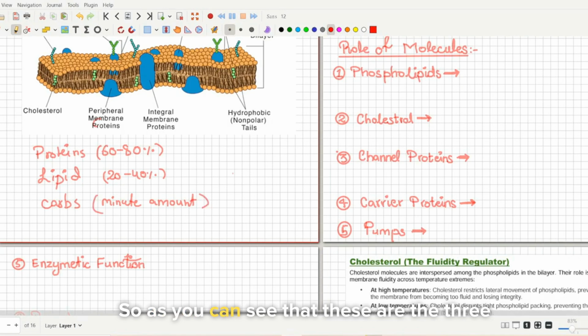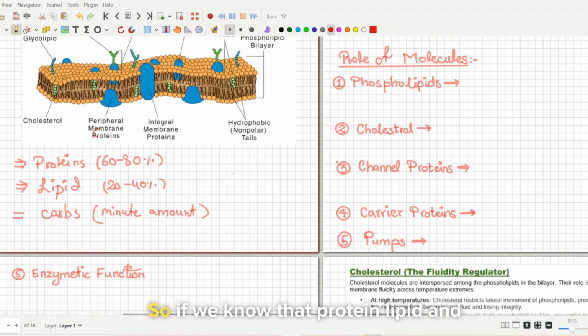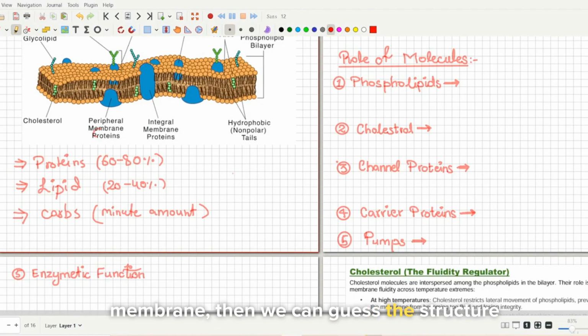So these are the three molecules making up the cell membrane: protein, lipids and carbohydrates. If we know that, we can guess the structure of the cell membrane using these three molecules.